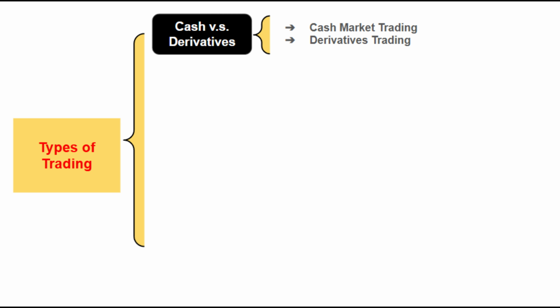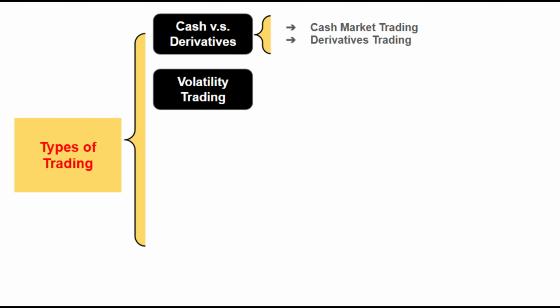One party has a right and the other party has an obligation. There are many different types of derivatives, including forwards, futures, options, and swaps, and there are specific characteristics in derivatives. I will explain them in a separate session.